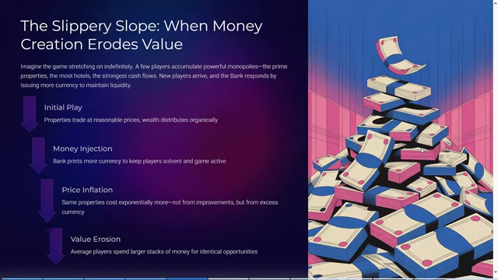So if there was only six people playing this game and they started the game and they saw the rules, they saw the cost of a property, and they were fine with their economy. But imagine six more people joined this game and they were issued the same amount of currency that was already on the table.